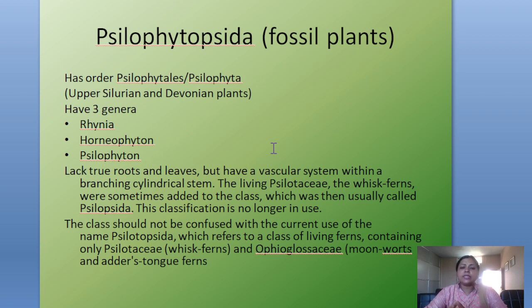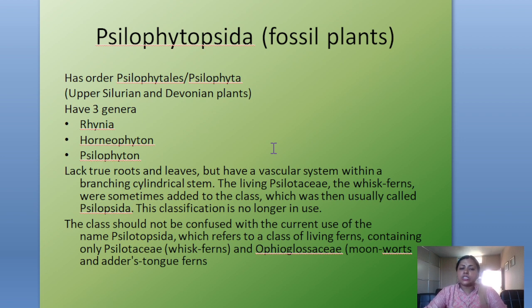The general characters: they lack true roots or true leaves, but they have a vascular system within a branching cylindrical stem. The single living member is the whisk fern. Some authors keep it under this group, and sometimes it is added to this class or to another class.